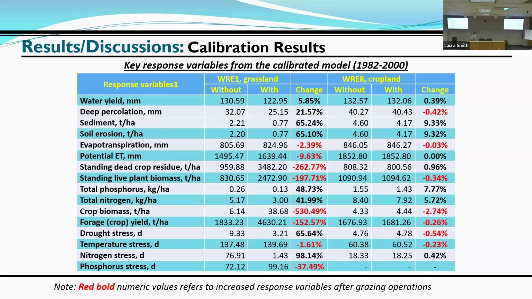Sediment, soil erosion, and nutrients like phosphorus and nitrogen decrease in both cases. Again in both farms, evapotranspiration, crop biomass, forage or crop yield, and temperature stress are shown.